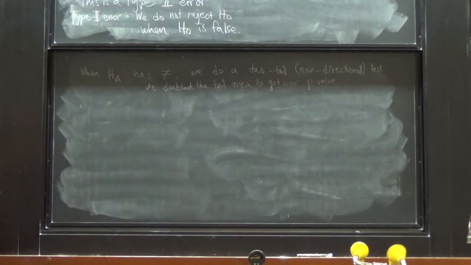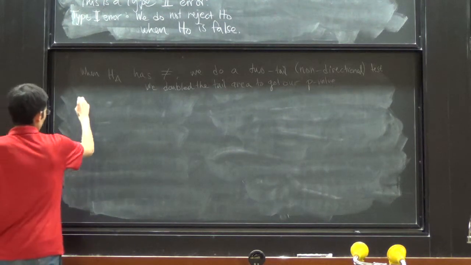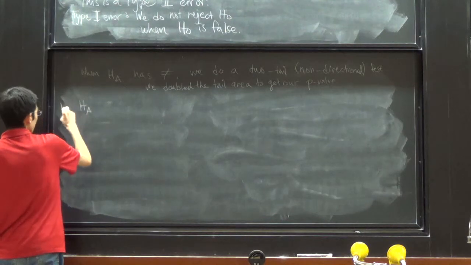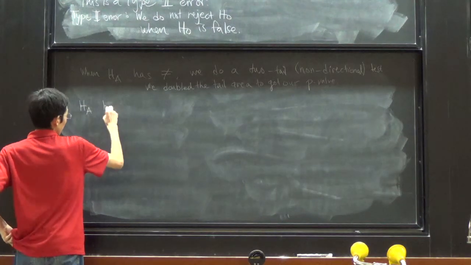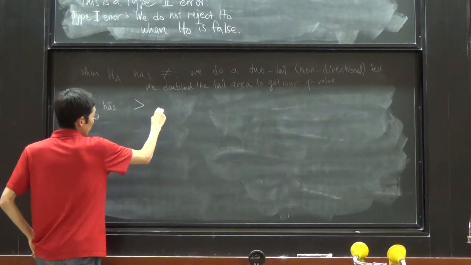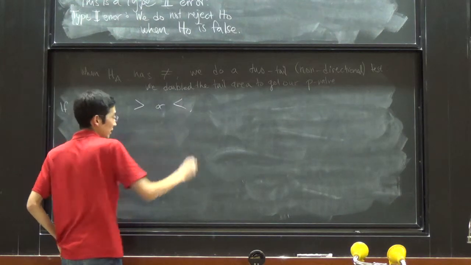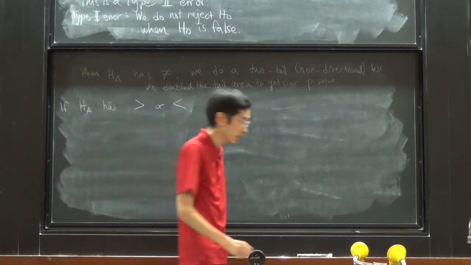Sometimes our alternative hypothesis does not have a not equal sign. If the alternative hypothesis has greater than or less than, we do a directional test.